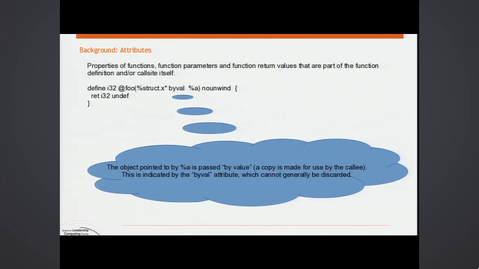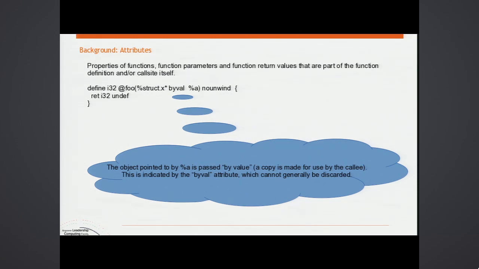OK, attributes. When you have a function, both the function itself, the function return value, and the function arguments can have these special additional properties. These are attributes. Here I have a very simple example. This example shows a function. It takes a pointer to some type that you can guess is a structure, although I don't show it on the slide.